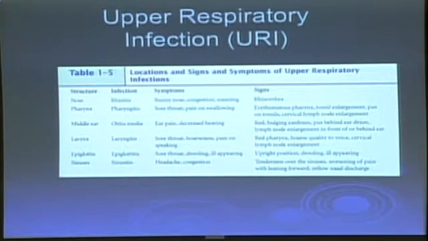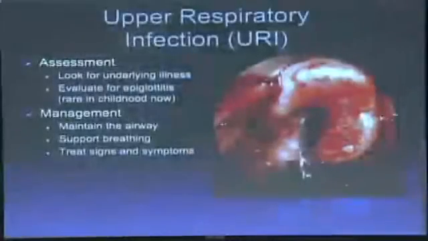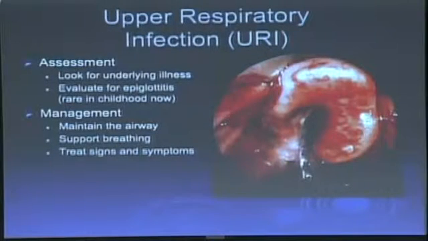Epiglottitis hardly occurs in children anymore because that also was caused by Haemophilus bacteria. Now they're immunized, they don't get it. This is a picture of epiglottitis. Adults get it now, and it's generally from a staph, really older children and adults, people that haven't been immunized. And it's a little bit easier to manage in adults.